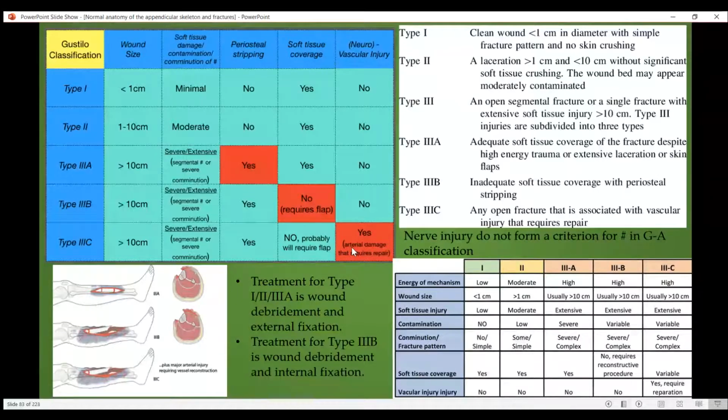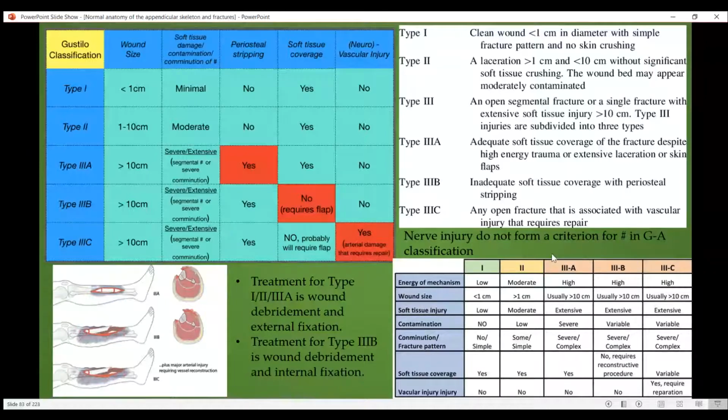Remember one thing here, which is quite important and quite clinical. There will be arterial damage, but fractures do not have nerve damage in open wounds.